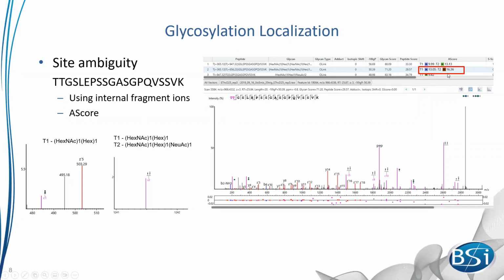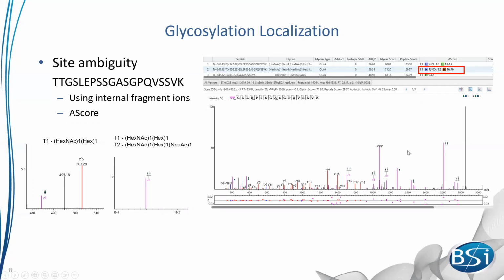What the A-score is doing is considering all possible matches, considering these glycosylations and this peptide. If you compare the sequence alignments of those different possibilities, how likely is this assignment where you have the glycosylation on the first and the second threonine here? How likely is that compared to the other possibilities? It is quite likely in this case because we have good fragmentation showing on T1. We have a glycosylation which is supported by the fragment ions here.